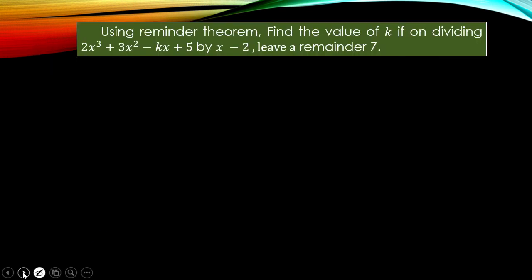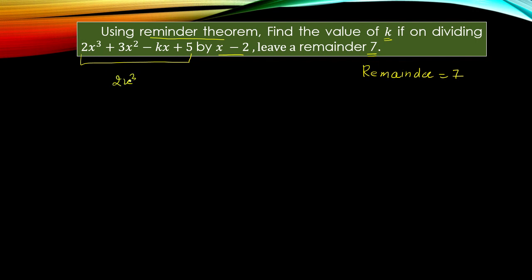Now let's see the remainder theorem by a few examples. The question says: using the remainder theorem, find the value of k if the polynomial 2x cube plus 3x square minus kx plus 5 is divided by x minus 2 and leaves a remainder 7. So the remainder is 7.